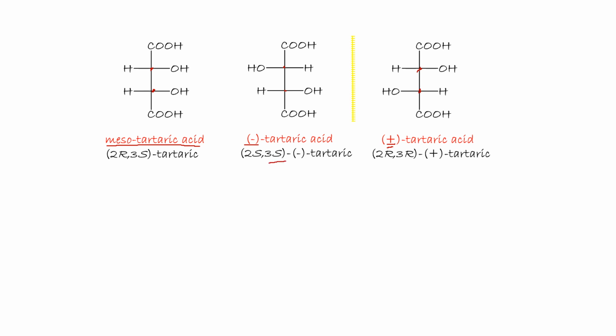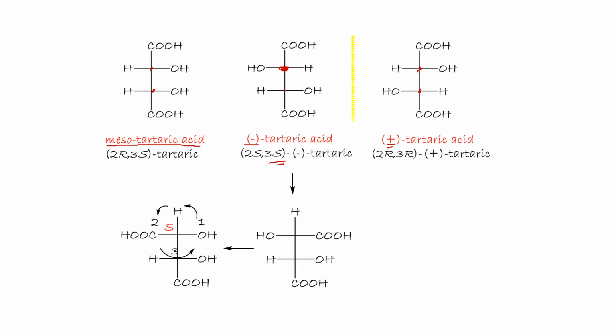Just to remind you how we do that, let's assign the configuration around this carbon. We can do a double two-group arrangement. So we get the H to replace COOH and the other way around.